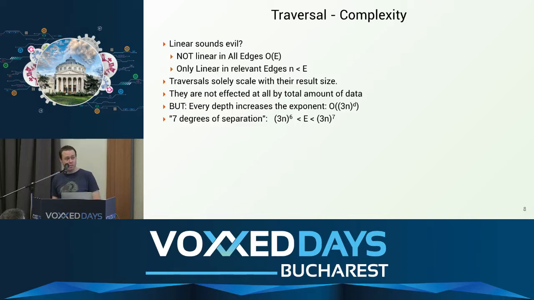And there is a rule for so-called natural networks, so networks that have been created by your users, for example. So every social network or street networks or something, they're typically natural networks. And they have a phenomenon that is so-called the 7 degrees of separation. That means that it takes at most 7 steps to get from every point to every other point.